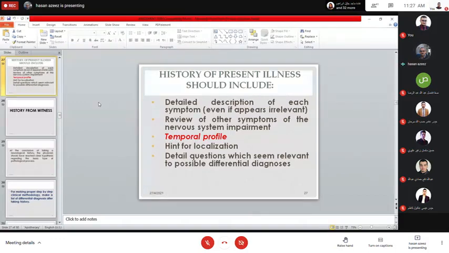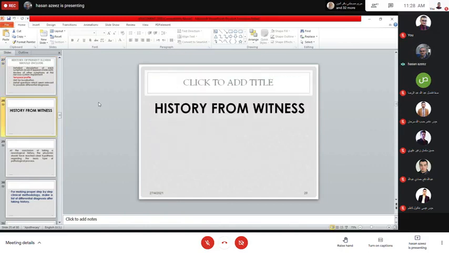For example, if we put a provisional diagnosis or a list of differential diagnoses that includes a systemic disease, we should ask questions related to systemic manifestations if the patient didn't give such history. For a patient with disturbance of consciousness or cognitive impairment, the history is usually from a witness or relative, or a policeman who brought him to the hospital, whatever.